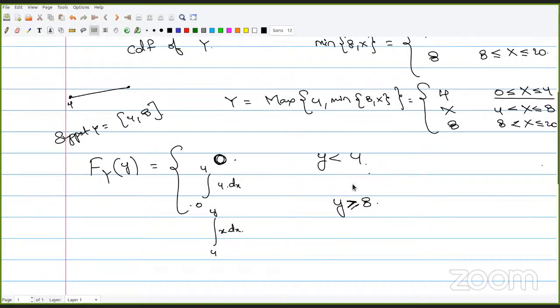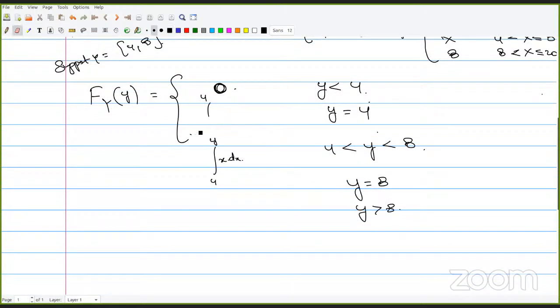Okay, y less than 4, y taking value 4, y between 4 and 8, y taking value 8, and y greater than 8.